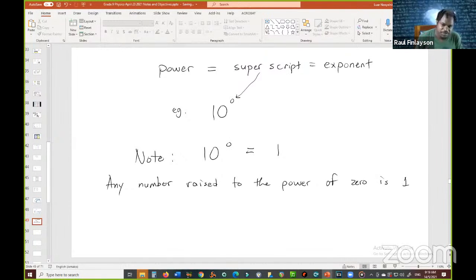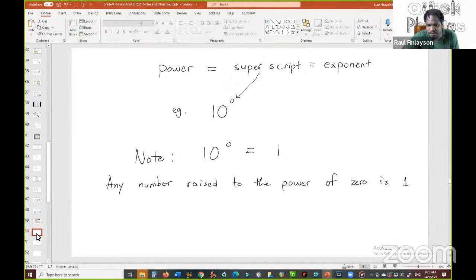Because let's reason this out. You have any number, and no matter what the number is, if it's raised to the power 0 it is 1. Let's try some examples here.